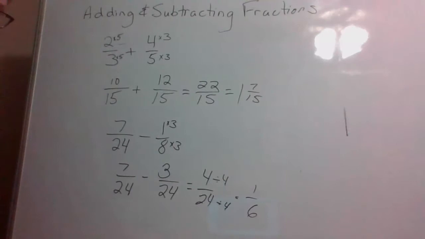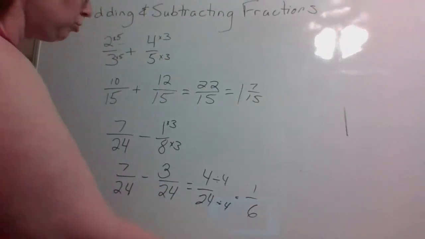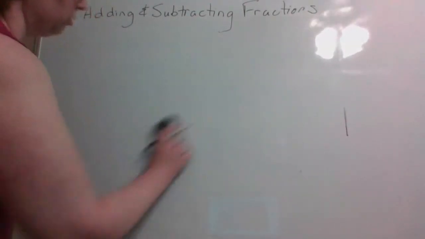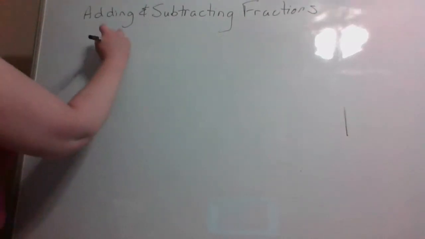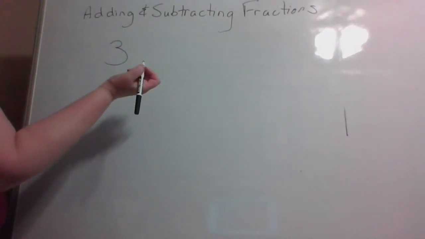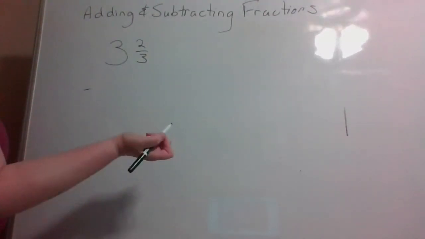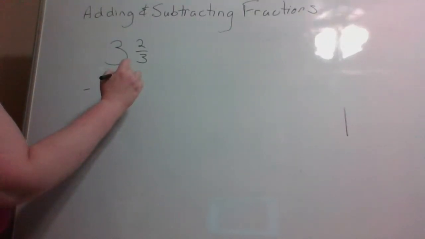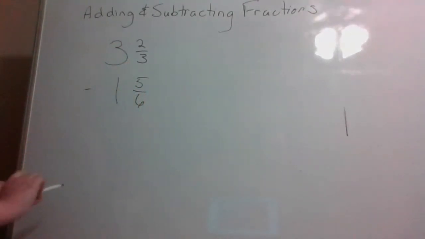Again, you can go to improper if you need to. If not, let me show you one where we are actually going to borrow from our whole number, which is pretty cool. So say I have 3 2/3, and from that I'm going to subtract 1 5/6.